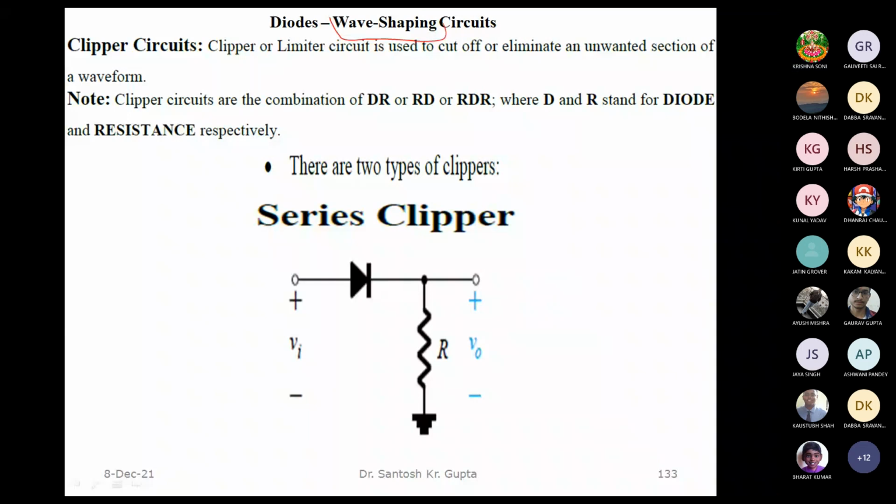For these kinds of circuits, we need a special arrangement. So we are now trying to look at how we can have different shapes of the signals generated using some arrangement of our PN junction diode.